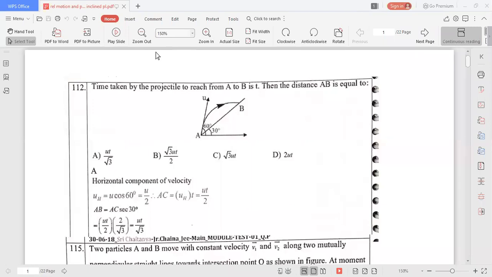Are you able to see the assignment or not? Is the assignment visible to you or not?